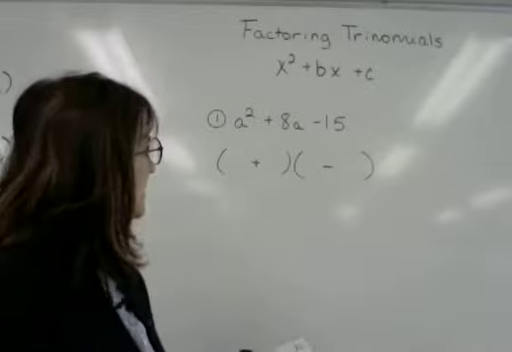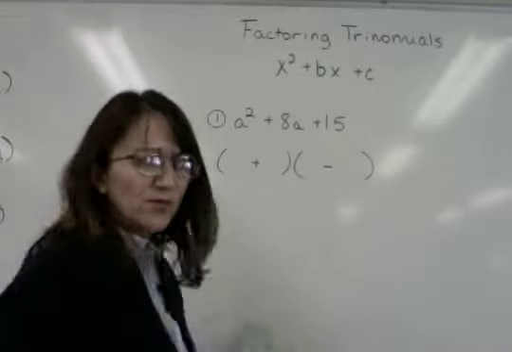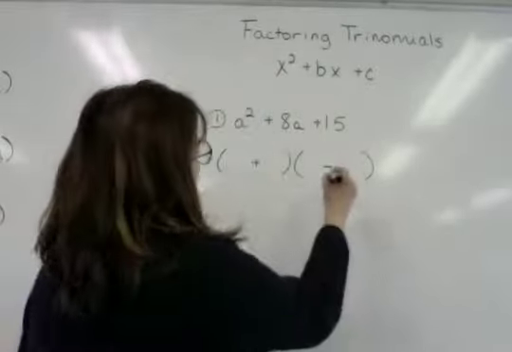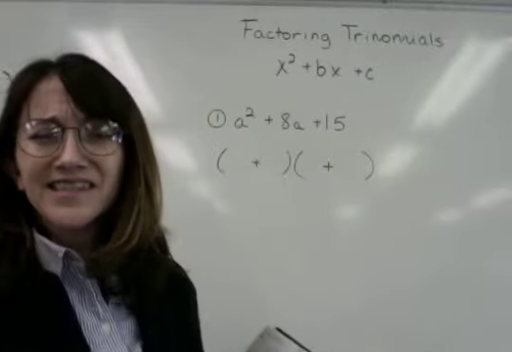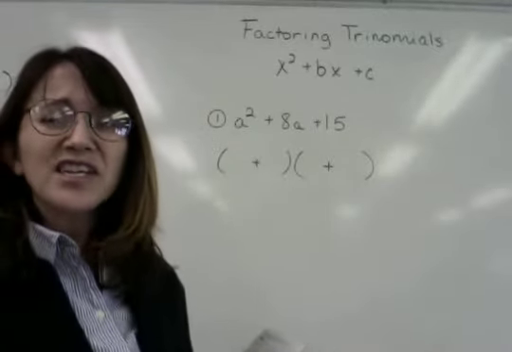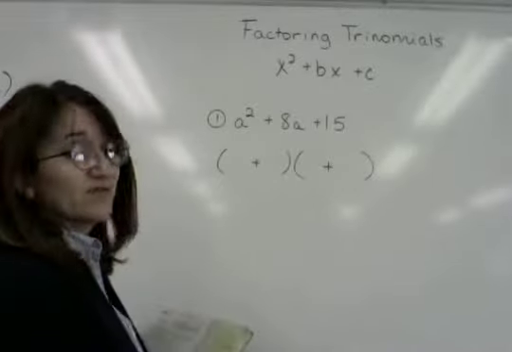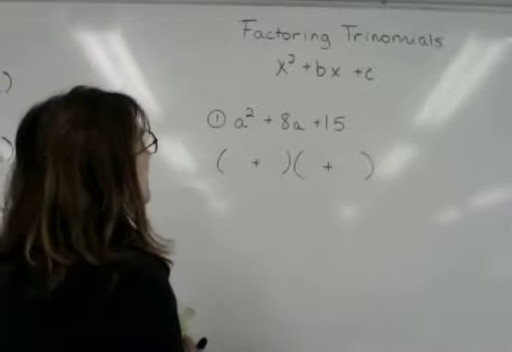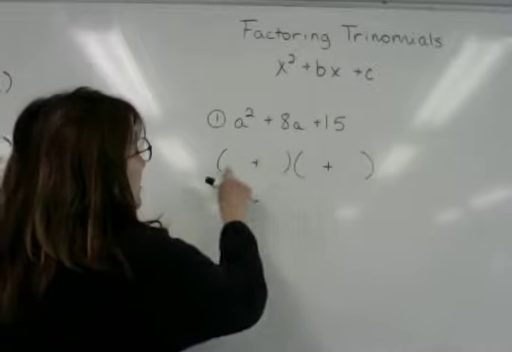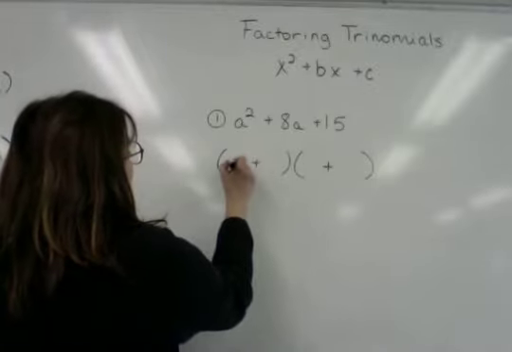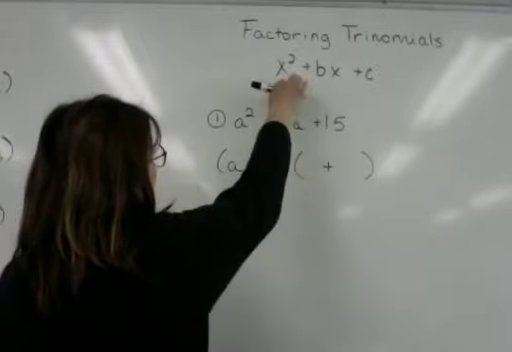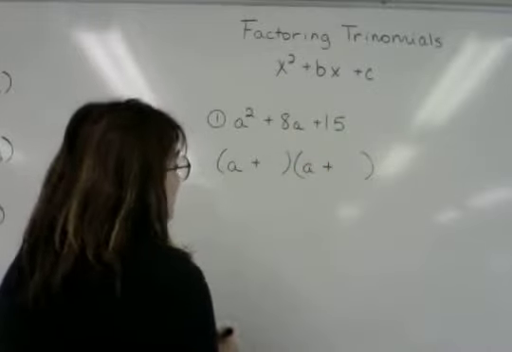So actually, I just did that wrong because number 1, it is positive 15. So that's telling me C is positive, so they both have to be the same sign. Totally looked at number 1 wrong. So I put down my factors for my first term, which would be x, that's going to be a.